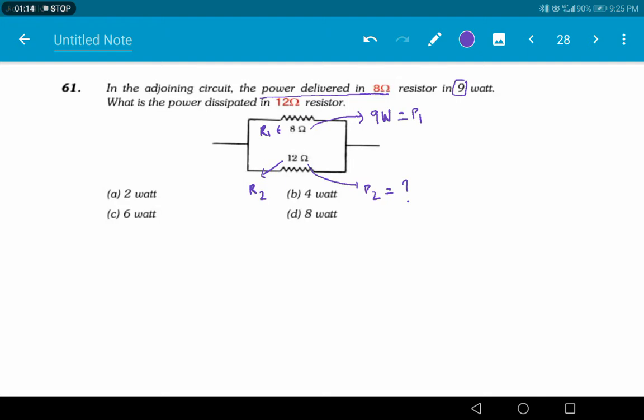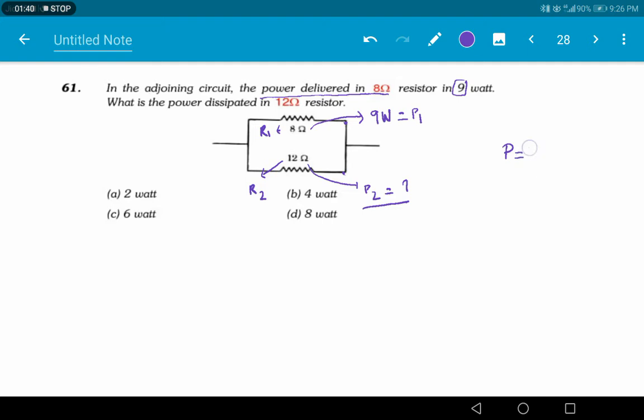Okay. So if the question is given like this, first we should identify which combination. What is the combination of the given resistors? They are connected in parallel combination. When they are connected in parallel, to find the power consumed by the other device, we have a different formula.